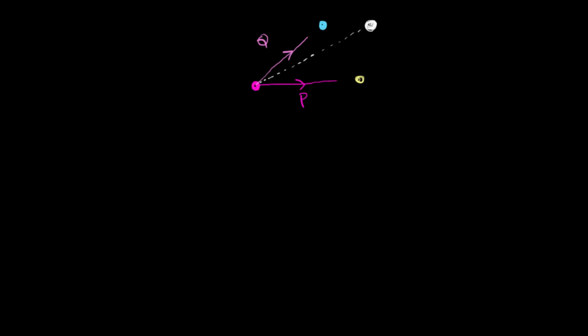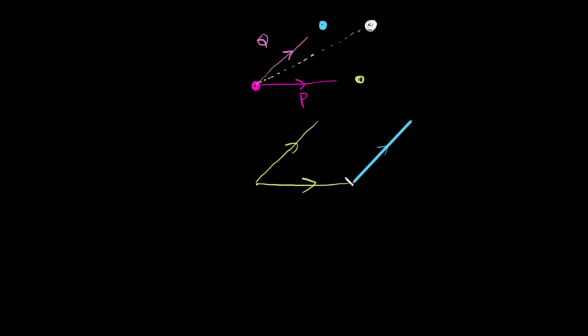So we imagine that this is the point, and there is a force acting in this direction and another force acting in this direction. What we do is copy this so that they are parallel. So this force is now over here.